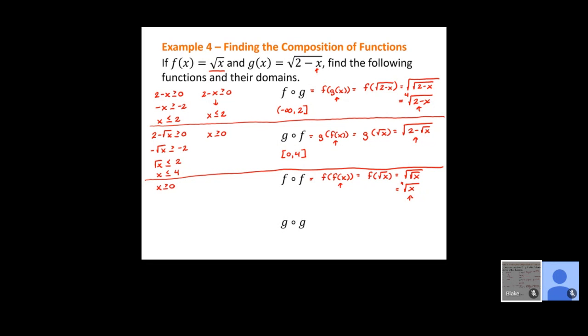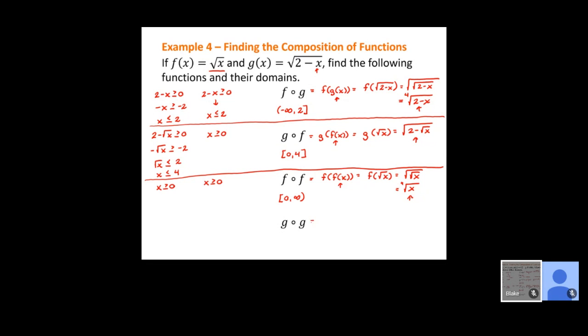So the final answer there, because it's an even root, x has to be greater than or equal to 0. Inside function is square root of x, same thing. And so now when we write that in interval notation, what would that look like? Good. 0 to infinity, including the 0 this time, right?